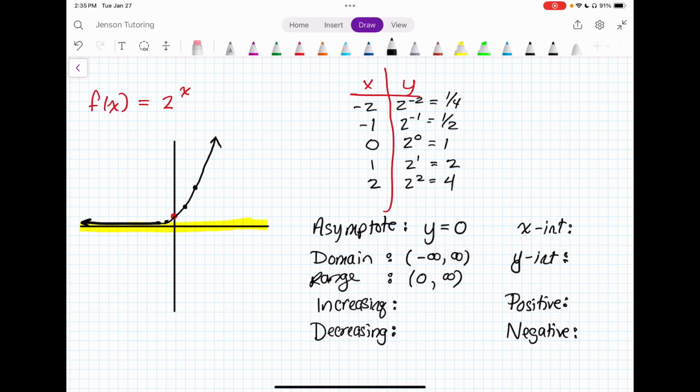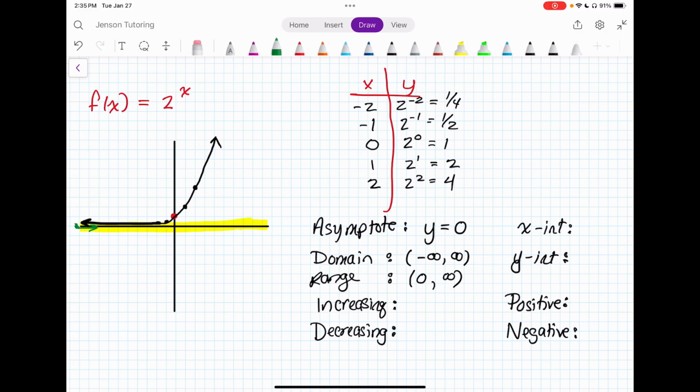We also might need to identify where the function is increasing. So in this case, remember when we're talking about increasing or decreasing, you always want to start at the low values of x, like down here. Pretend you're the little bug on the graph and you're going from the left toward the right. So as x gets bigger, what happens to y?